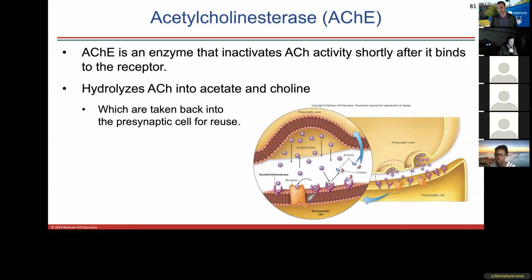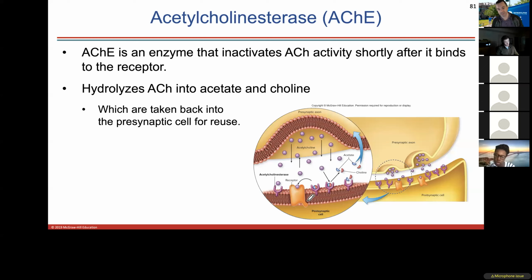That gets taken back up by the presynaptic neuron, and it just puts them back together. We recycle it. Some neurotransmitters get totally destroyed. But you can see from that highlighted picture there, we have acetylcholinesterase. It's just an enzyme found on the surface of the plasma membrane, and it helps to break down acetylcholine.